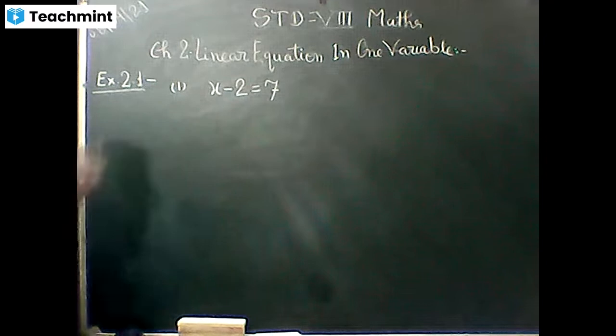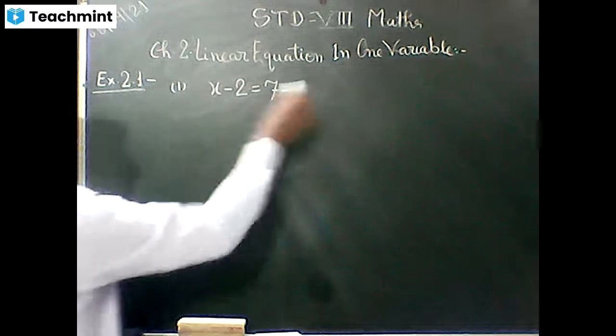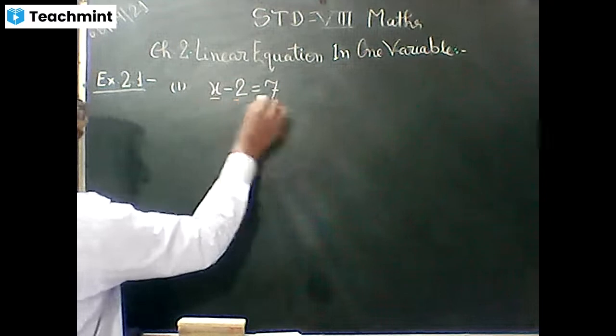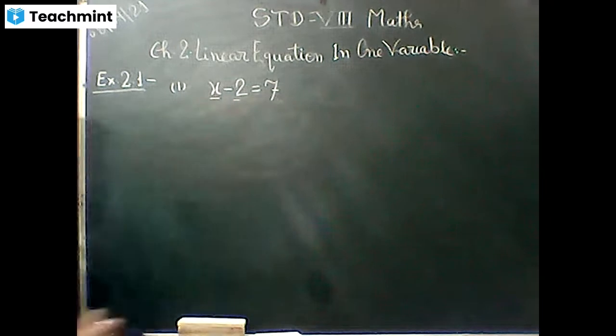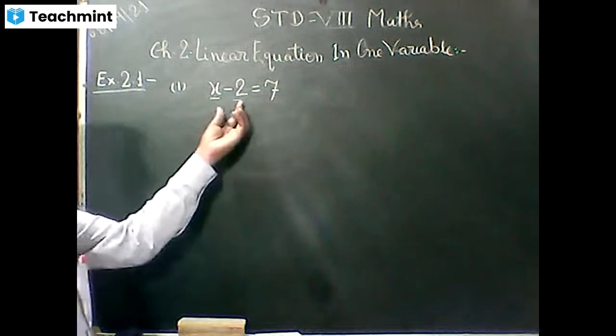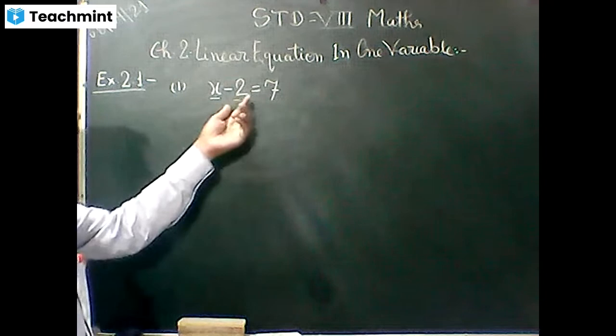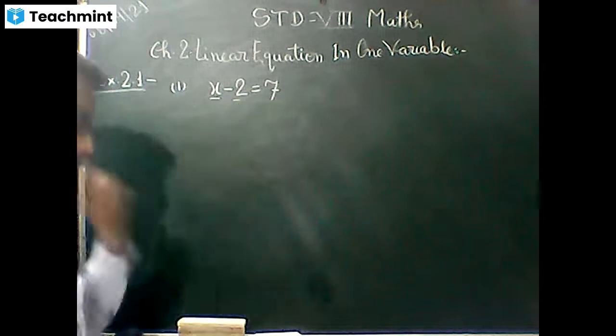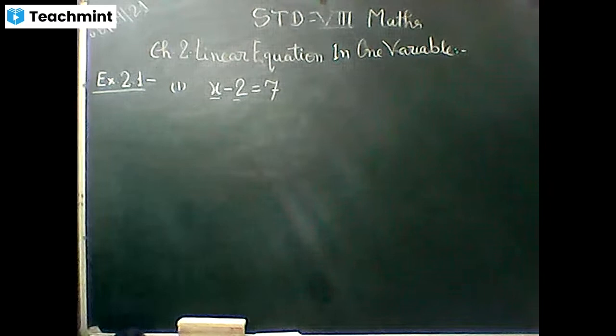Here is one variable, this is our variable and these are our non-variables. The statement says, if we subtract 2 from x, that comes 7. And so we have to find out the value of x.